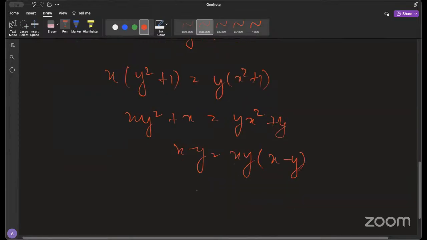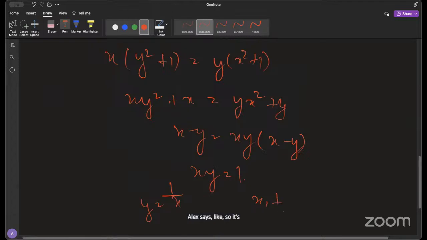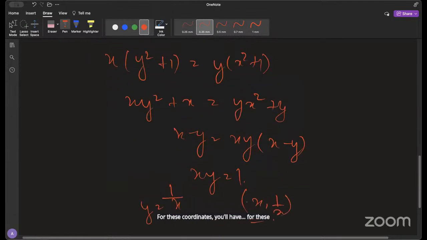This gives you xy equals 1. That means if you have y equal to 1 by x, then for these two points you'll have the same value, right?